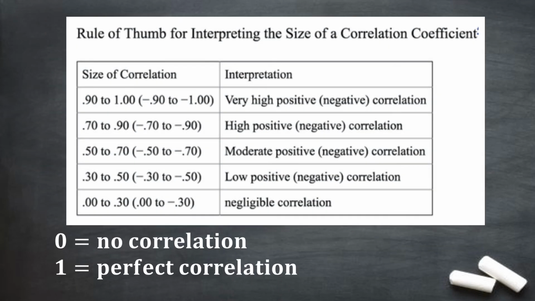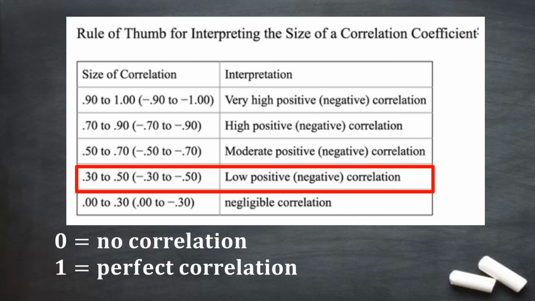To define the degree of the relationship, the R computed is 0.38, which is in between 0.30 to 0.50. Therefore, the interpretation is low positive correlation. So, there's a possibility for relationship, but the correlation or the relationship is very low.